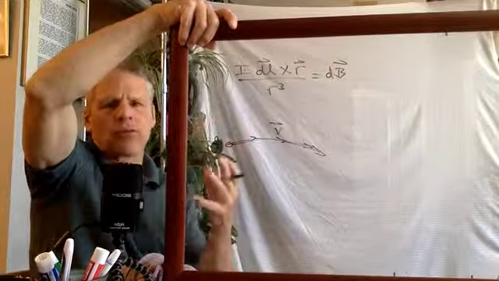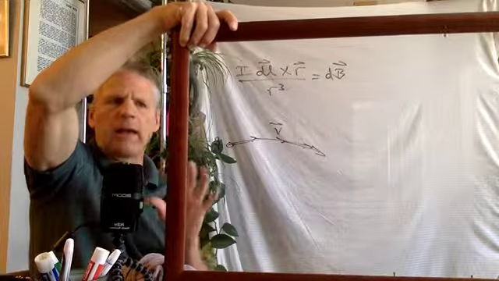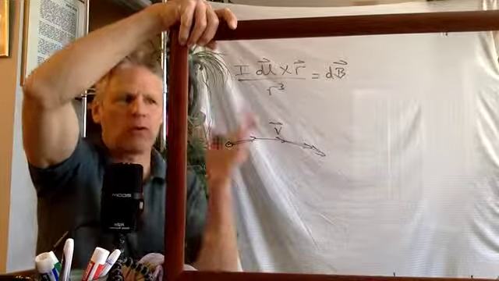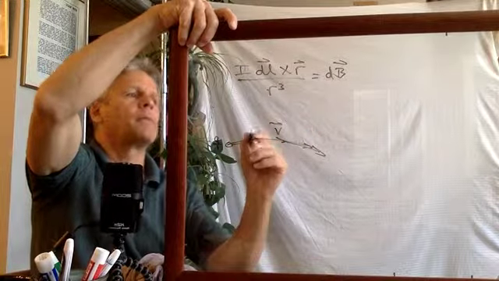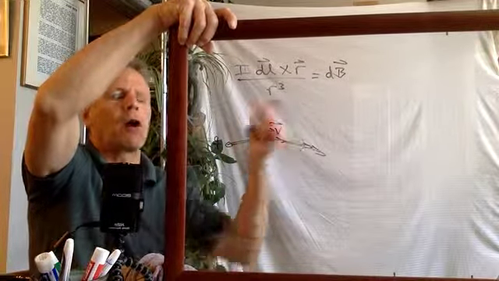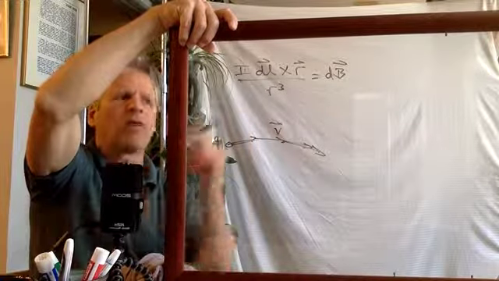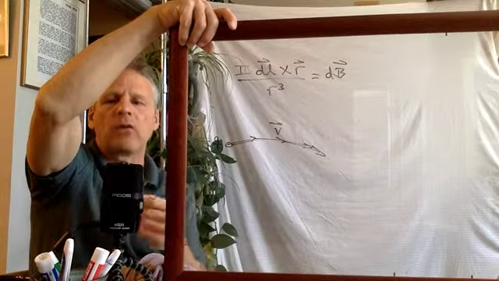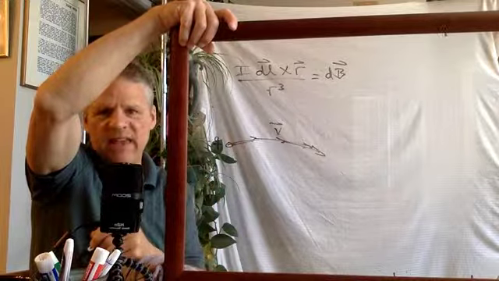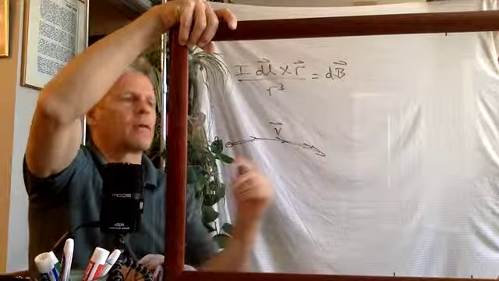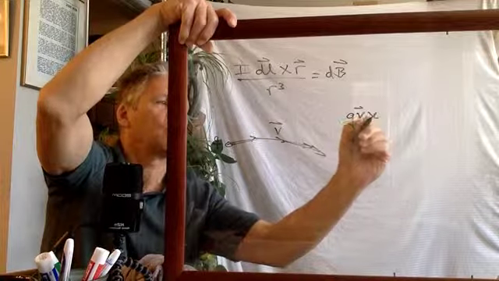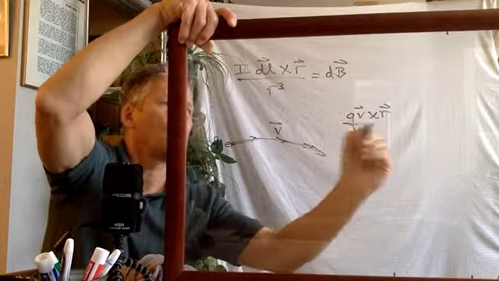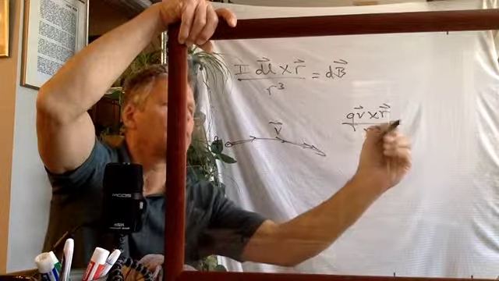You can go through and do a semi-complicated proof, but by analogy to what we just did, I dl was equivalent to QV, and in fact it is. So this is the same as QV cross R over R cubed.